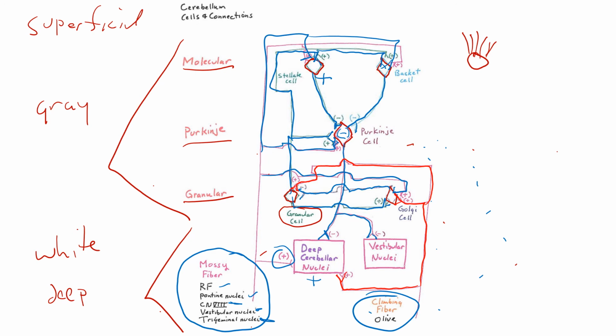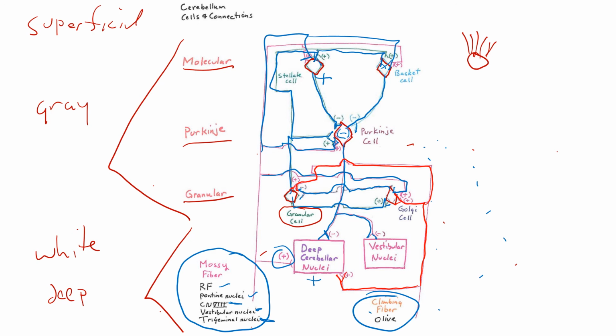So as you are studying this, make sure, first of all, that you know the different layers of the gray matter. Make sure that you know what cells are in the gray matter. And then finally, make sure that you know what the connections of these cells are. For example, the basket cell is an inhibitory neuron on Purkinje cells.